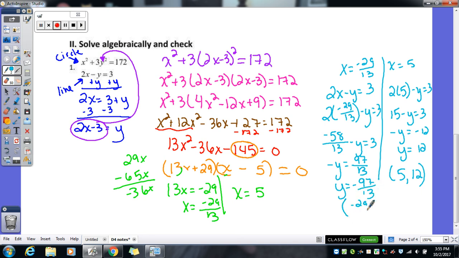So we would get negative 29 over 13, comma negative 97 over 13 is our other answer. And then you would check by plugging those both in, so make sure you do your check for that.